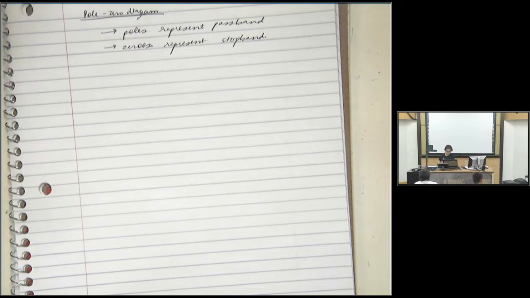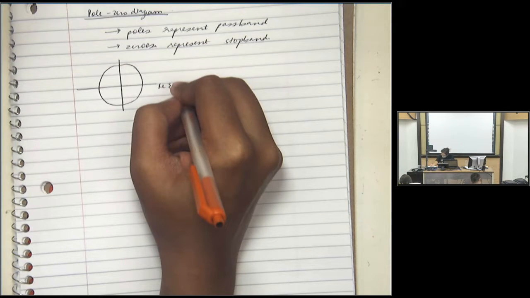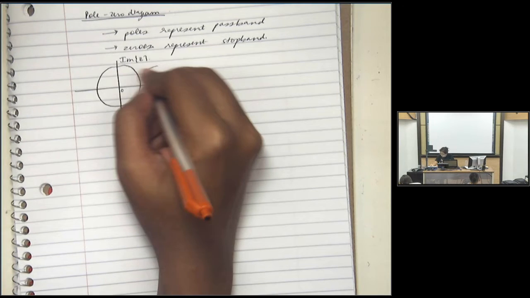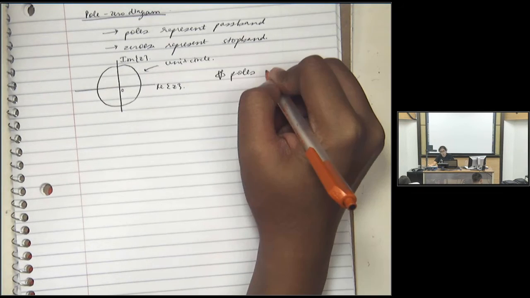Okay? Now, let's quickly look at this. So I have my real z-axis, imaginary z-axis, this is my origin, this is the unit circle, and my poles should always be inside the unit circle.